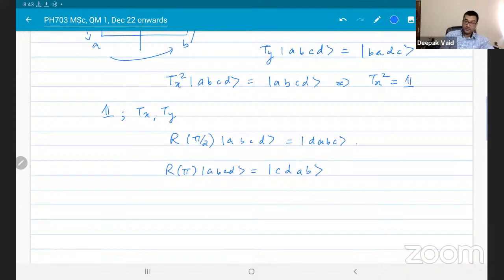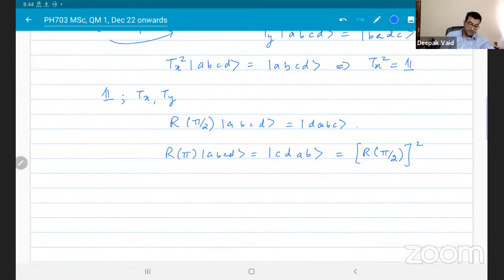Now, rotation by pi can be expressed as r pi by 2 squared, right? That means if I take two rotations by pi by 2 and combine them, I get r pi.